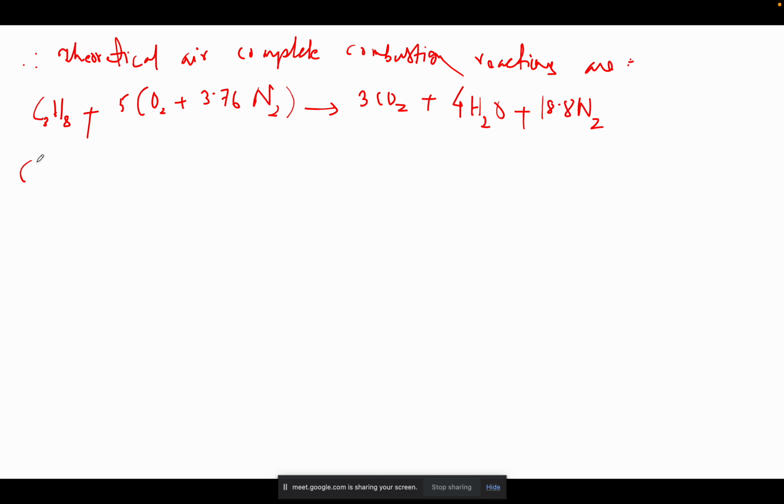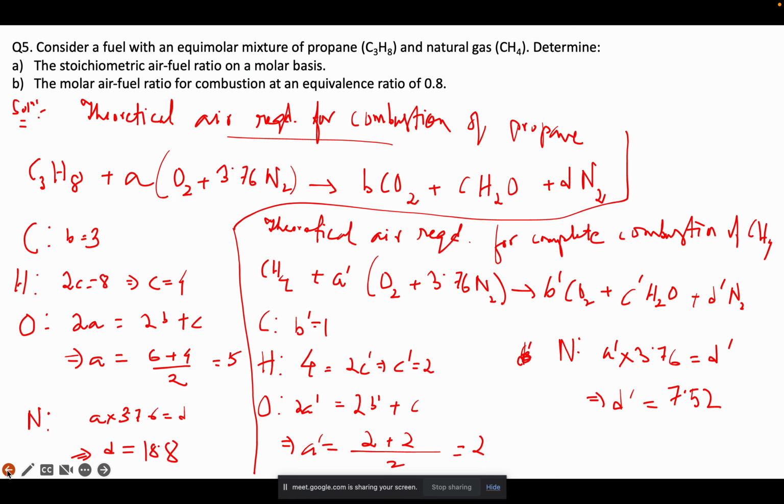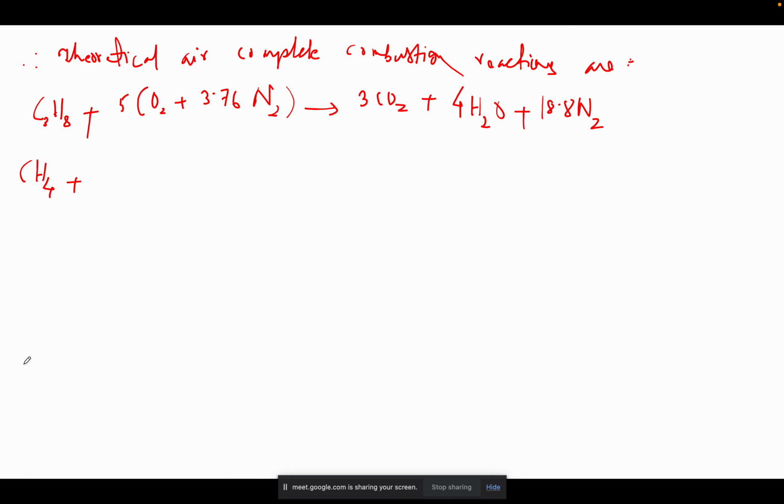And CH4, here you have got A prime is equal to 2.